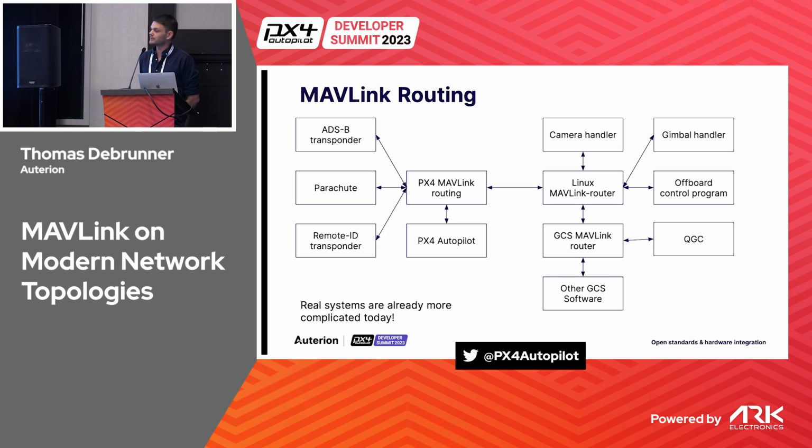Then you probably also have a companion computer these days, and on there you typically have a package called MAVLink router, or maybe you've implemented your own routing component there that takes MAVLink in and distributes it to the right places. And you may have something like a camera handler and a gimbal handler and some off-board control thing. And then also your GCS.